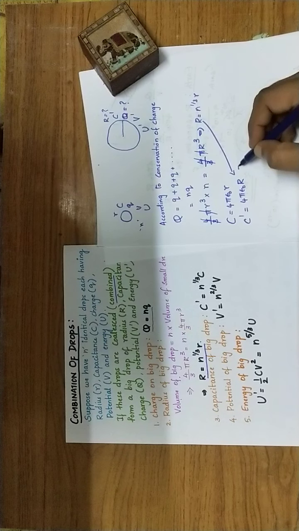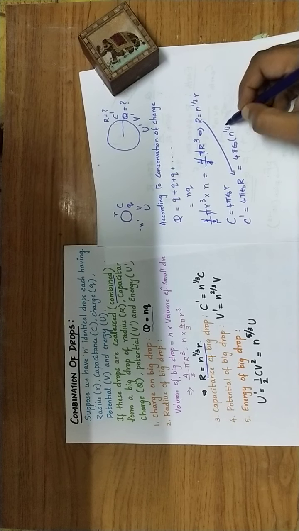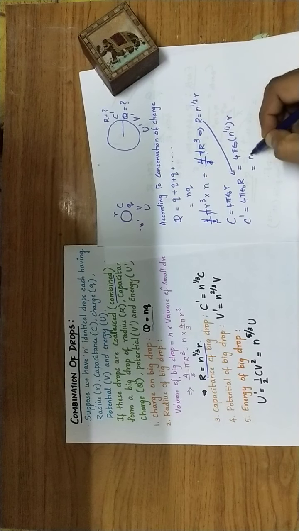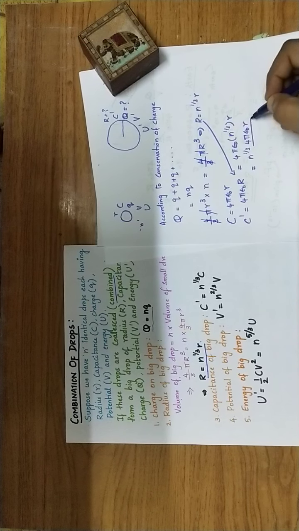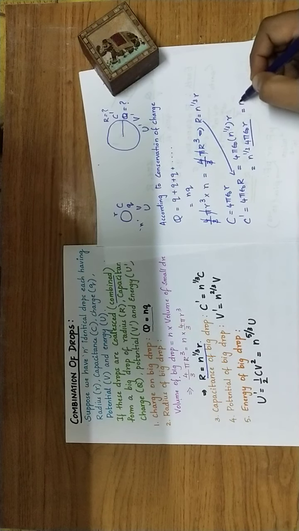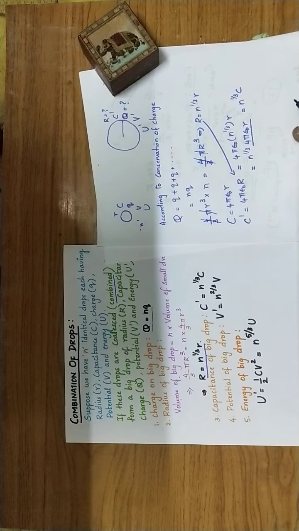Substituting here, you get 4 pi epsilon naught n power 1 by 3 small r, that is n power 1 by 3 times 4 pi epsilon naught small r. 4 pi epsilon naught small r is capital C, so you will have n power 1 by 3 capital C.